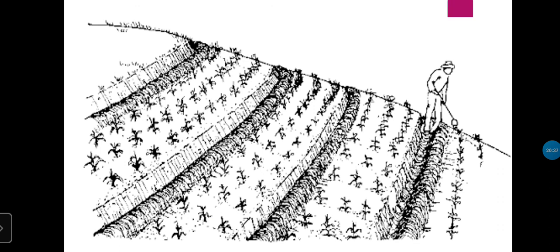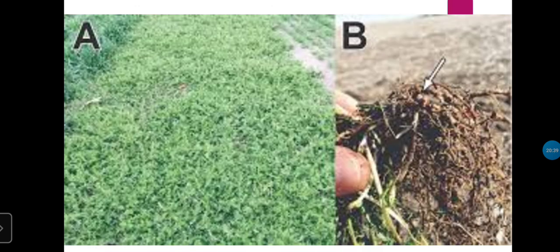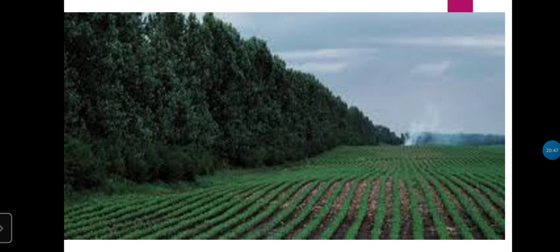Cultivate according to the contour method. Use cover crops with highly rooted plants, for example, savandara cover crops. And use windbreakers. You can see in this vegetation, the wind is not directly moving over the vegetation because there is a windbreaker.